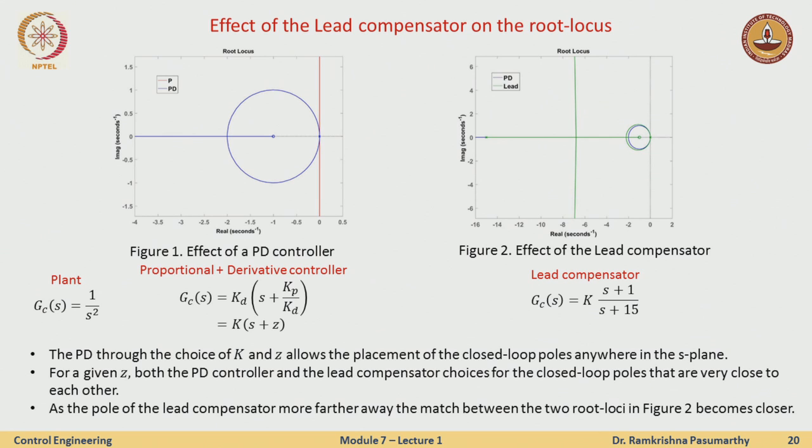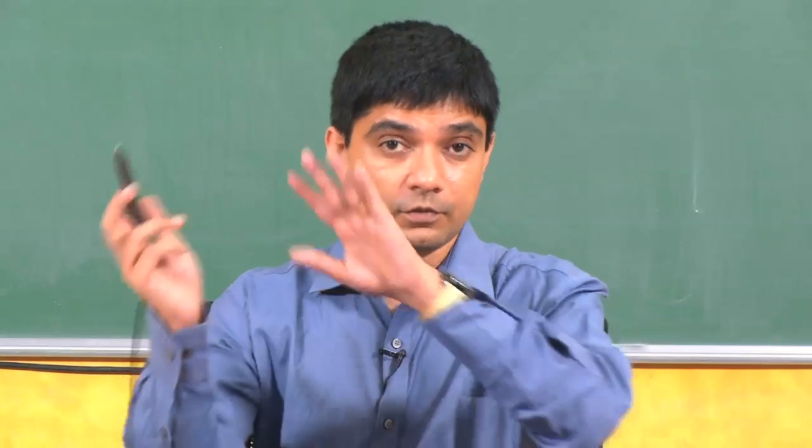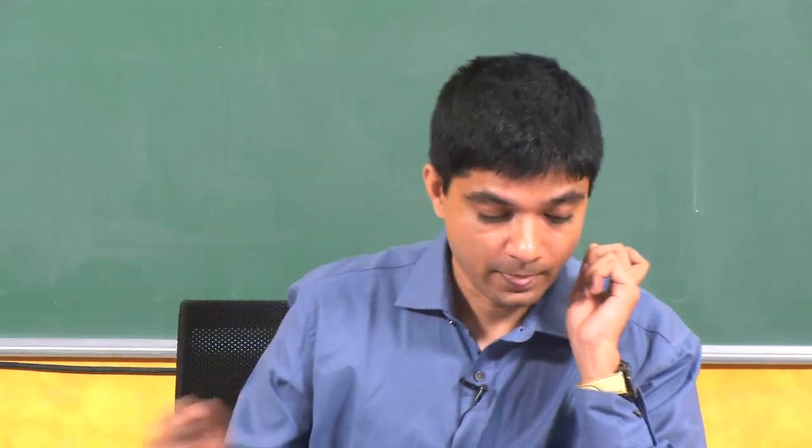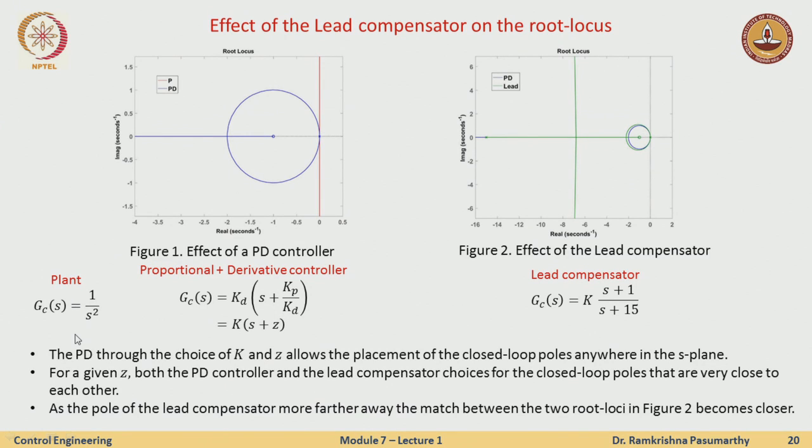So, what we saw earlier was adding a derivative component significantly improved my transient response without possibly much changing the steady state response. So, I start with 1 over s square, for which I saw that all the time, however much I change the gain, my poles are just on the imaginary axis. Now, adding a proportional derivative control, which is just adding a zero, has the effect of pulling the root locus to the left.